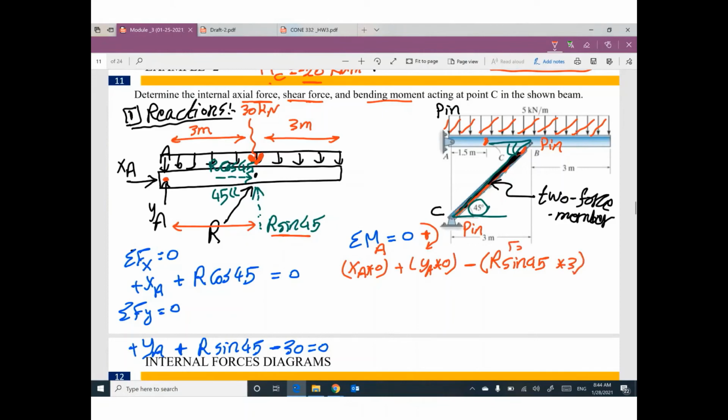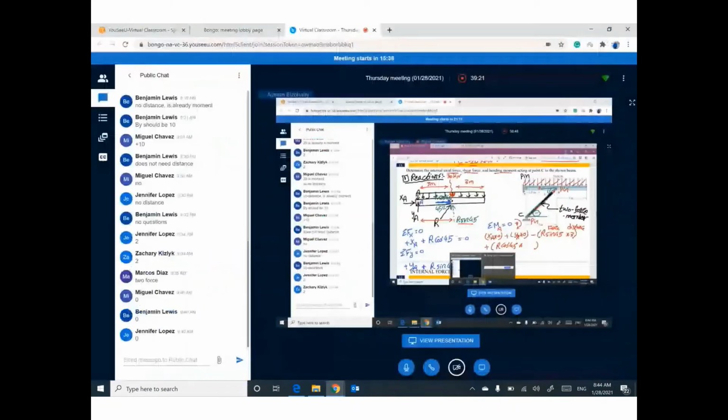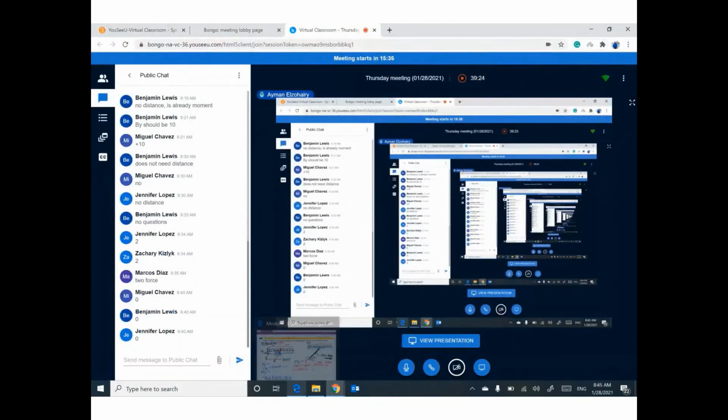We have a force, we need distance. Both of them are perpendicular. Don't forget, we have another force at point B equal R cosine. Anybody can tell me what is the distance between this horizontal component and the point A? Any answer? Zero.